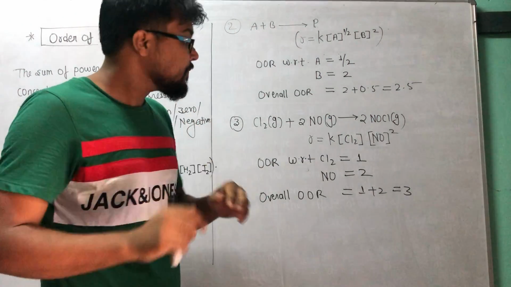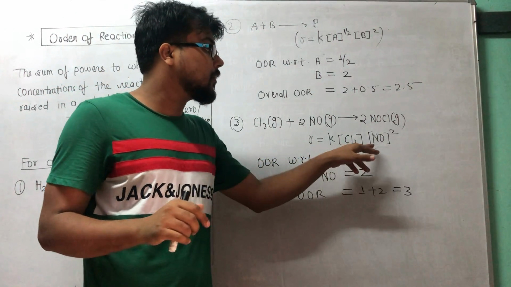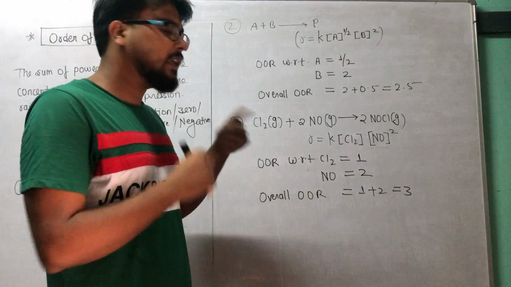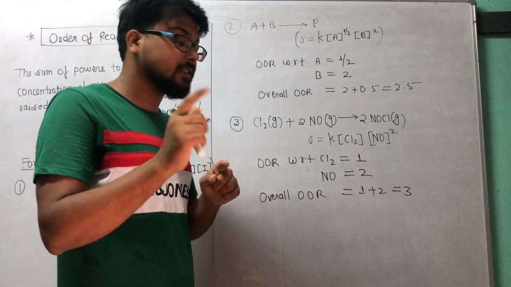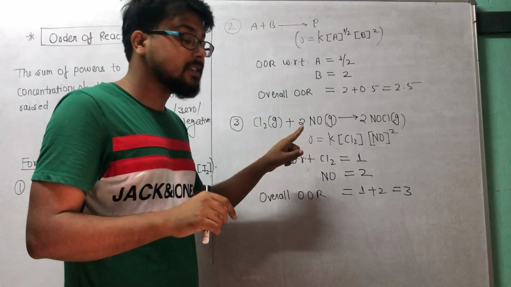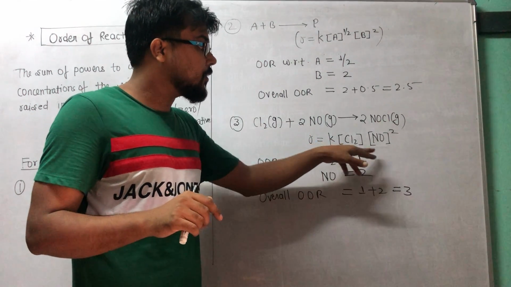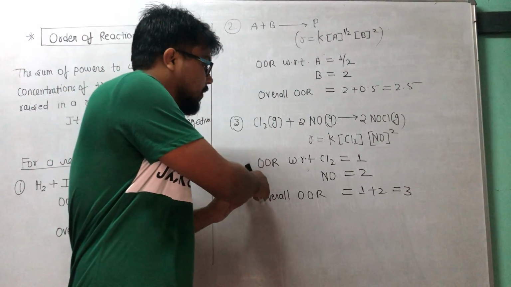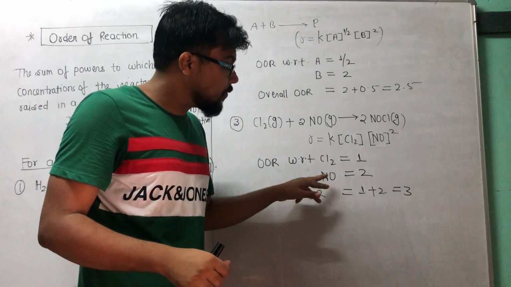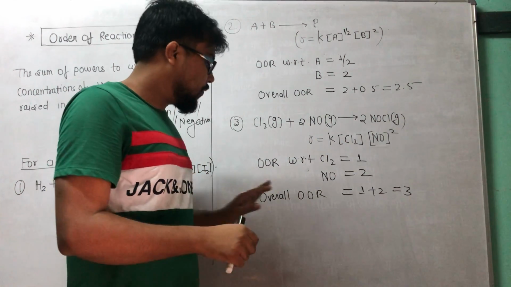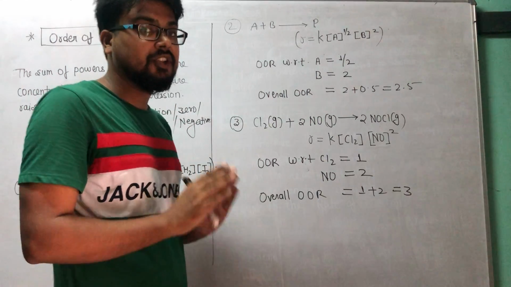Rate equals k [Cl2][NO]^2. Here the stoichiometric coefficient and the power match. Now the order of reaction with respect to Cl2 is 1, with respect to NO it is 2, and the overall order of reaction is 3.